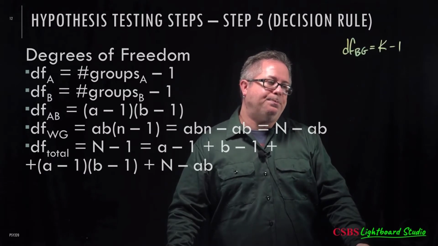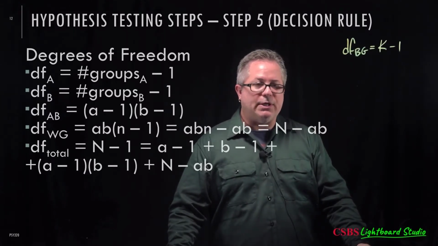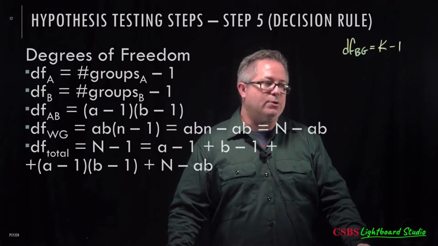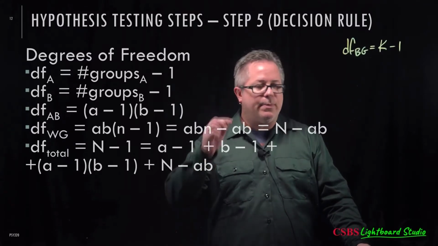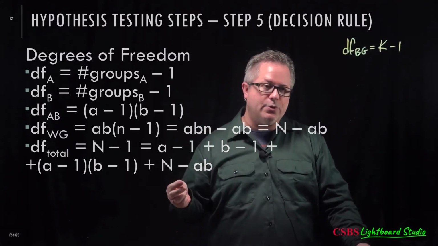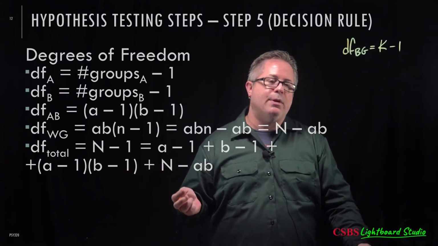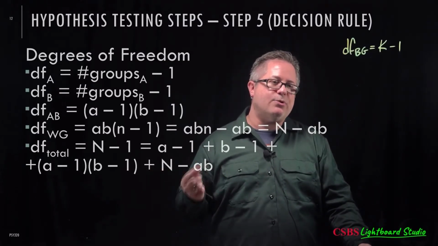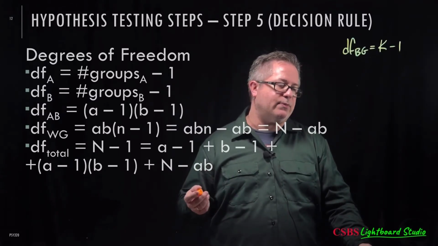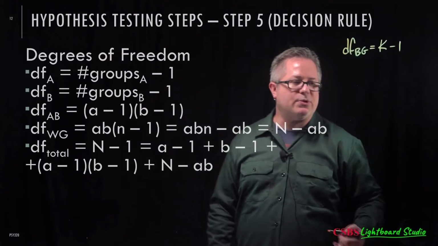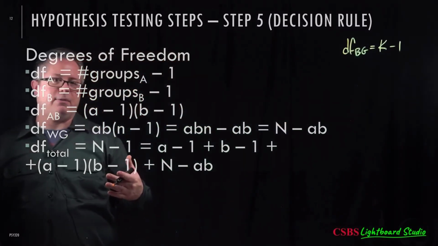Okay, well, we now have groups being differentiated in different ways, and they may have different numbers of levels. Here it happens to be 3 and 3, 3A and 3B, but they don't have to. You can have 2 A's and 3 B's, or 5 A's and 4 B's, or whatever. So we're going to stick to that same general idea, but we can't really use k by itself anymore because we now have multiple different types of groups. So oftentimes you'll see this written as number of groups for A minus 1.